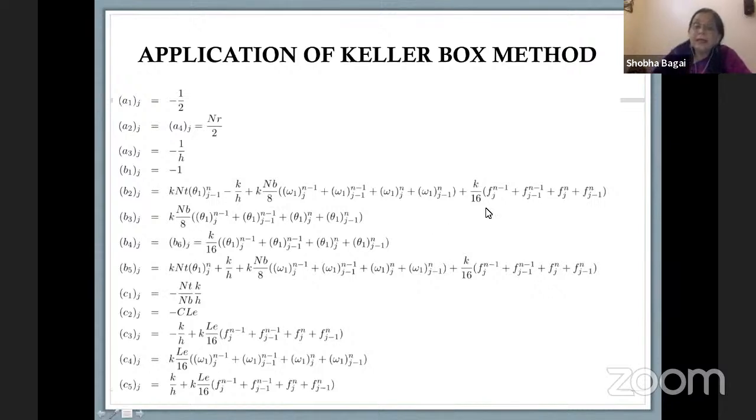And similarly, my F is also decreasing, because U tends to 0 as Y tends to infinity. That gives a very beautiful insight to us that whatever iteration n I take, and whatever mesh point j I take, my B2 will always remain negative, right?